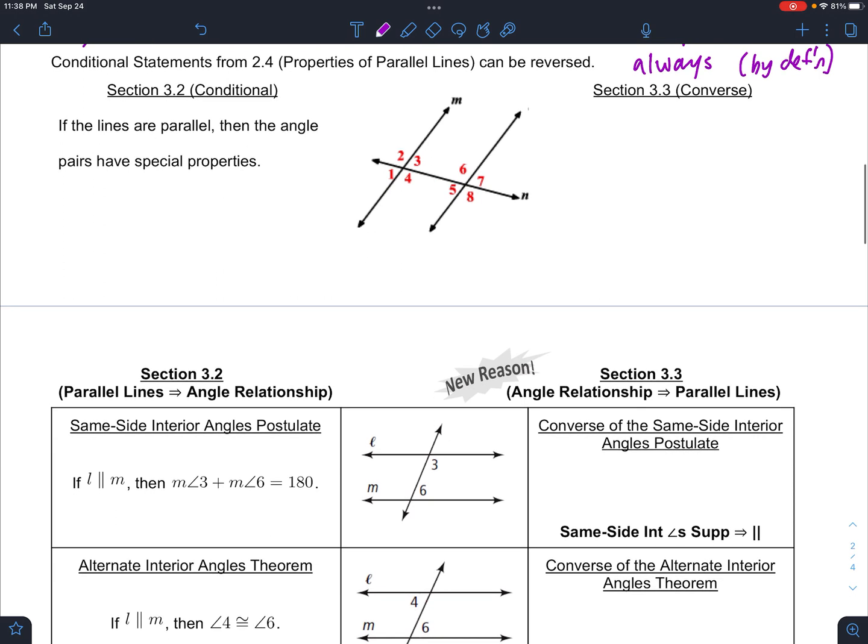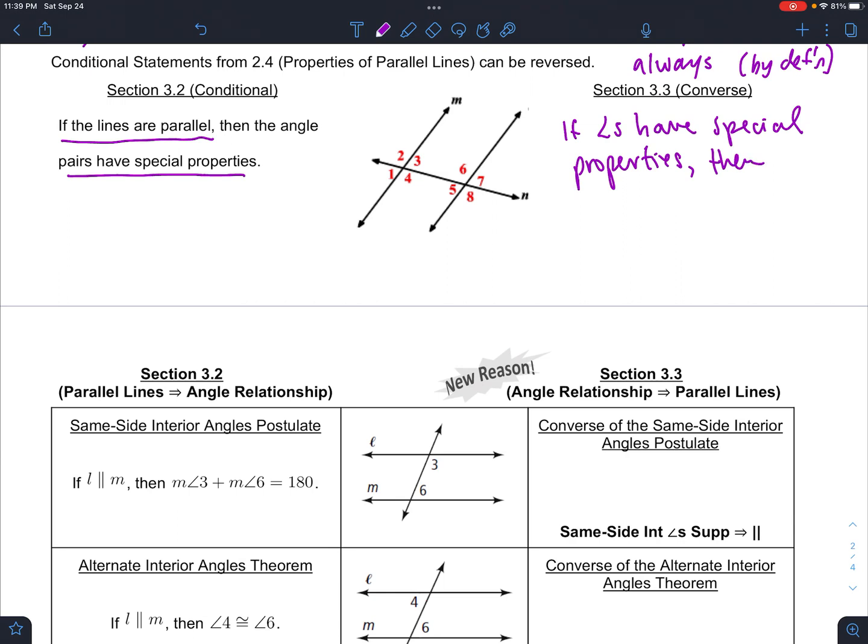Now, how does this apply then to the last section? Well, if this is the conditional, the if-then statement over here, the converse would be if angles have special properties, all those angle pairs we learned, then lines are parallel.